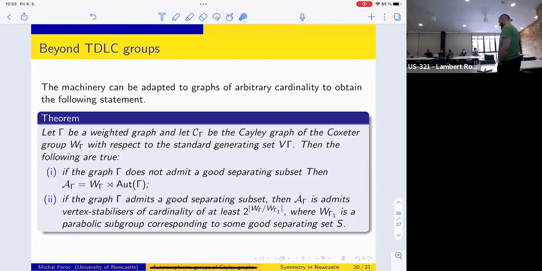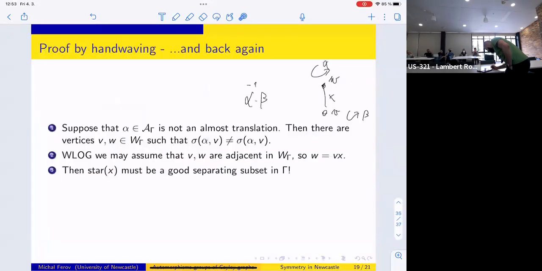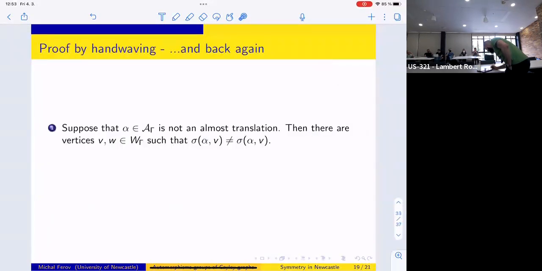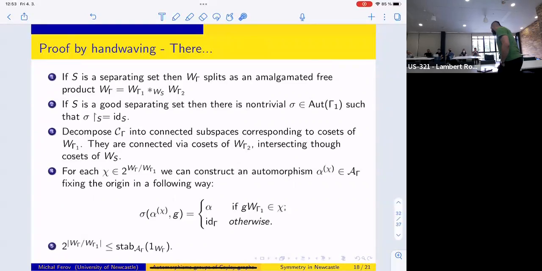And if you go back a couple of slides, previous slide. Yep. So these elements here that act as alpha at one point and then identity everywhere else, I'm wondering how close they come to giving you a topological generating set for the automorphism group.